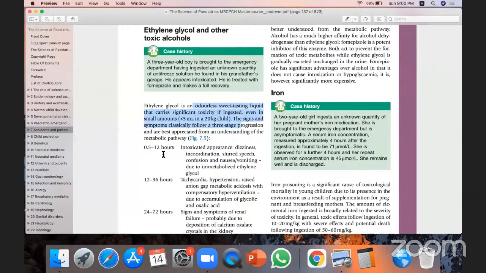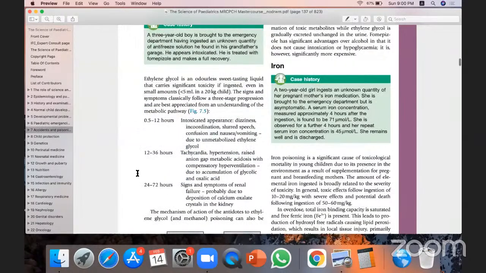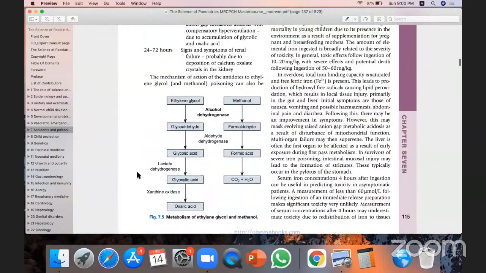If someone is toxic with this, there are some stages. Then there will be high anion gap metabolic acidosis. See, this is the pathway. Alcohol and aldehyde dehydrogenase, these enzymes help in the toxic effect. So we give ethanol, which is a competitive inhibitor.